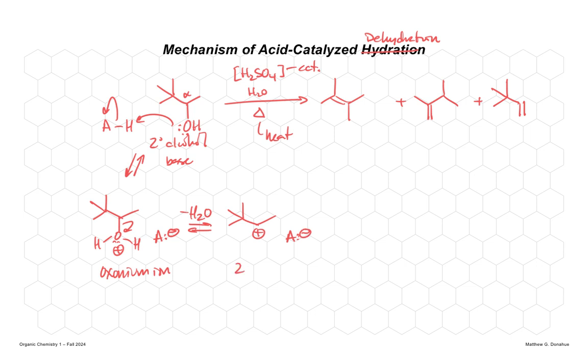And now we have a secondary carbocation. So that just transfers. We started from a secondary alcohol. Now we have a secondary carbocation. We identify the beta carbons to see if we can form something more stable. We realize that really only the beta prime carbon can help us out here.